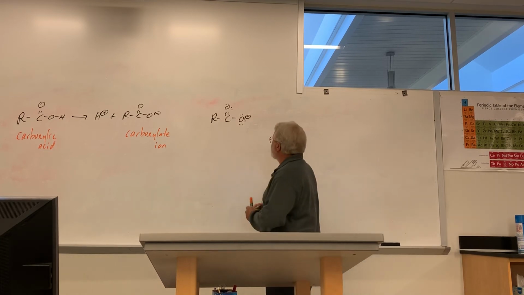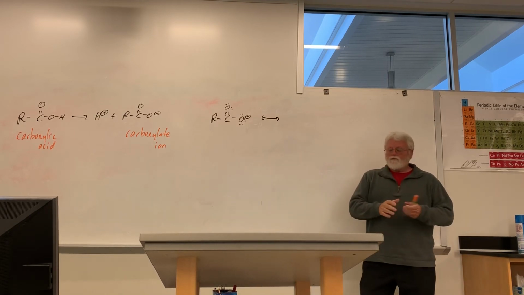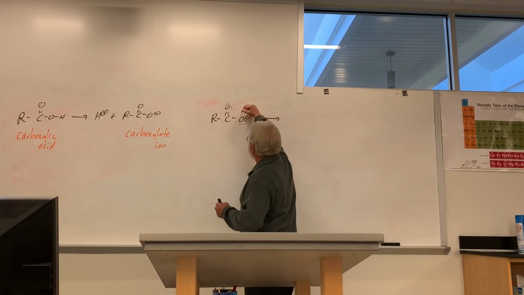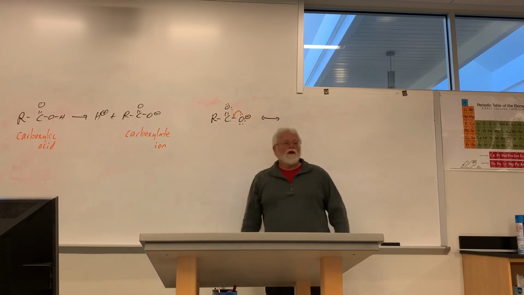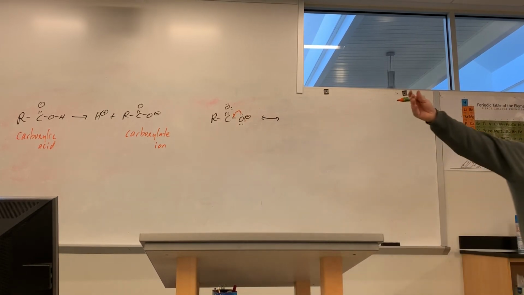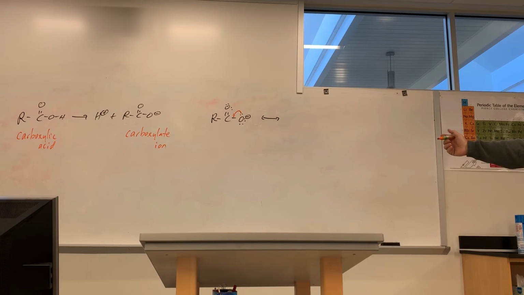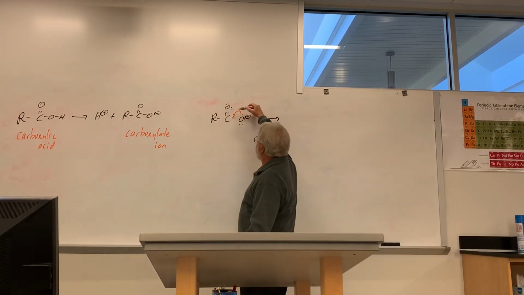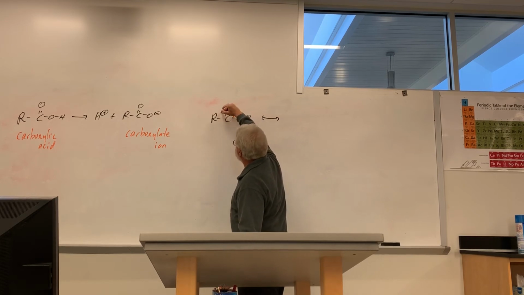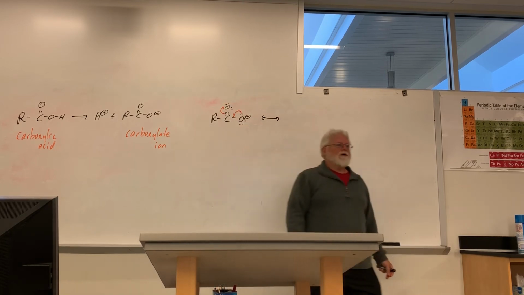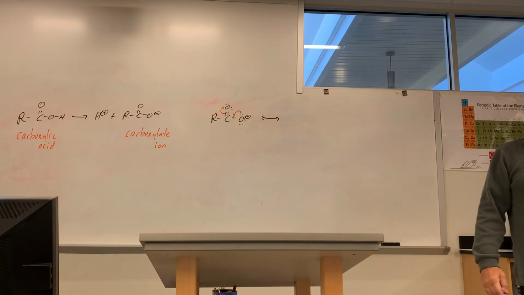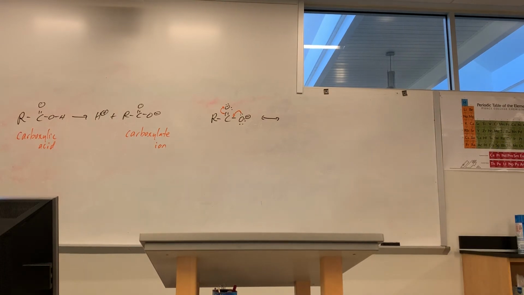I can draw an alternative resonance structure here. I can take one of these non-bonding pairs. When drawing resonance structures, you can move non-bonding pairs around. I can move one of those non-bonding pairs down and make a double bond here, and I can take one of these pi electrons and move it up there. In addition to non-bonding pairs, you can move pi electrons. Do not ever move anybody else.